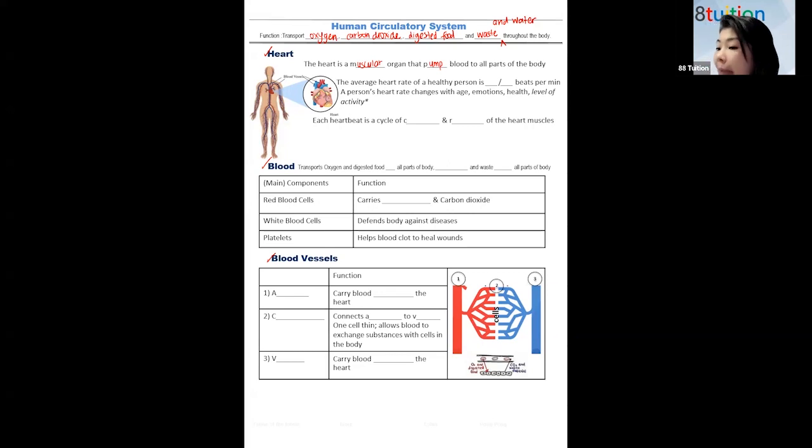Now, the average heart rate of a healthy person, Chengxing, you want to guess, what do you think is the average heart rate of a healthy person? Roughly. Make a guess. 60 to 100. Okay, 60 to 70.